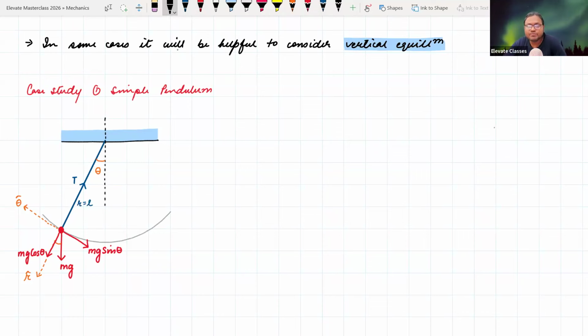All right. So because we are dealing with a simple pendulum problem where r is a constant, I want to write down the various force equations. So what is the force equation along the radial direction?